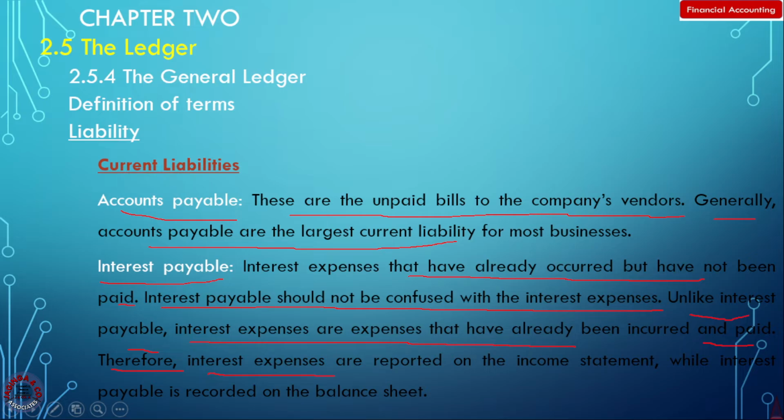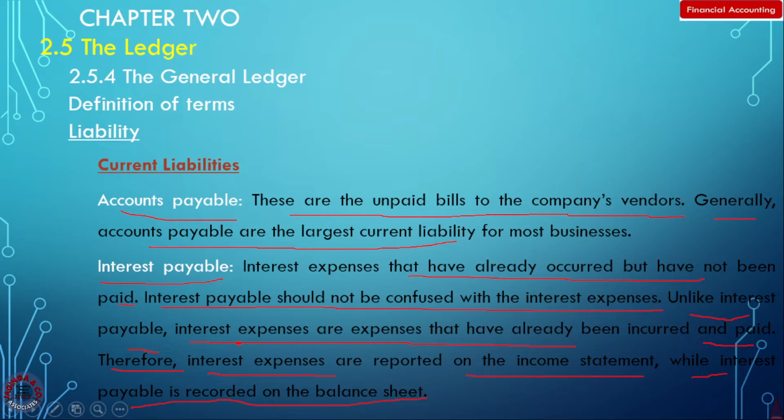Therefore, interest expenses are reported on the income statement, while interest payable is recorded on the balance sheet. So the interest expense is an expense. It has to be recorded in the income statement.